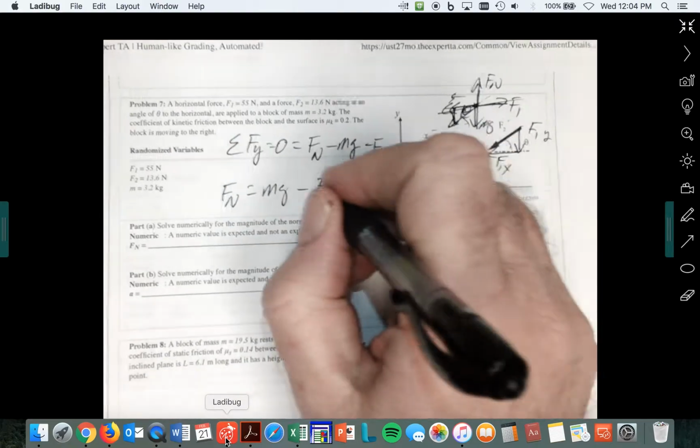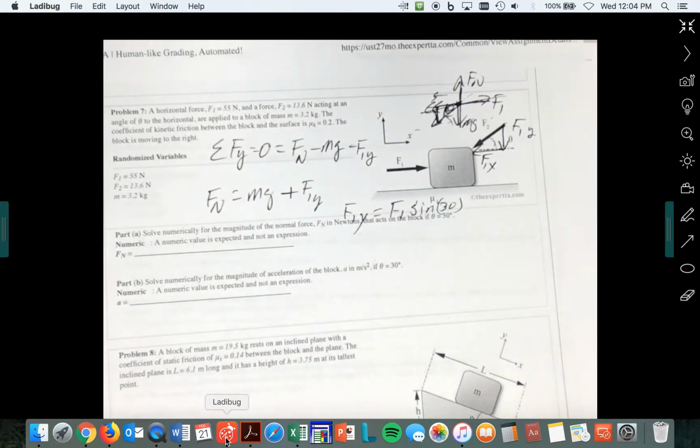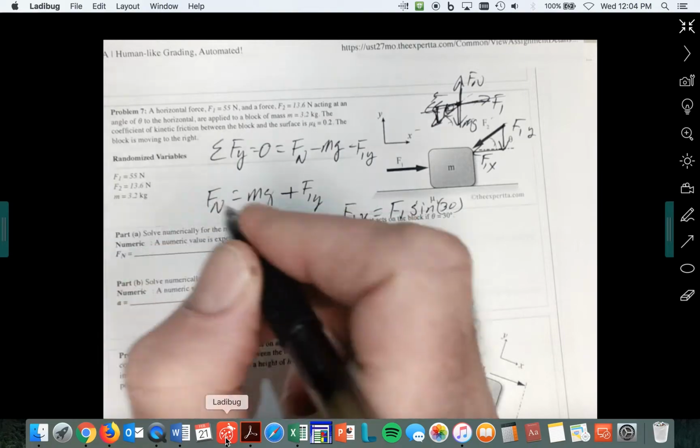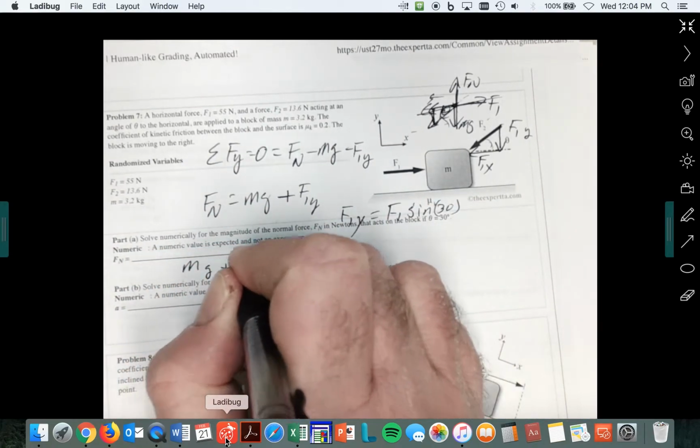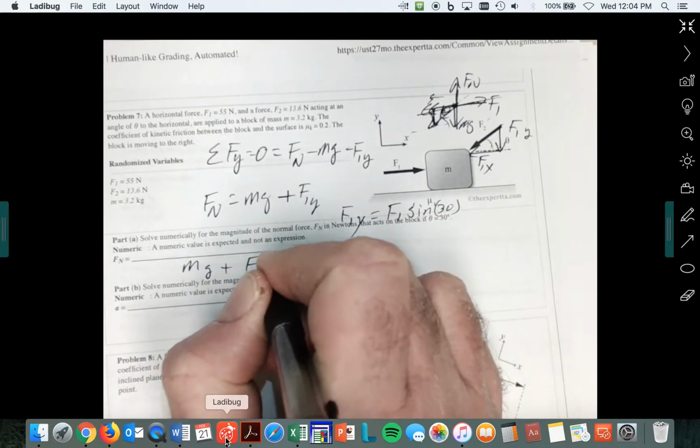Oh, it's plus. There we go. Bring them both over. There you are. So now that's the normal force. That's not bad to find. So we've got mg plus F1, whatever F1 is, times the sine of theta.